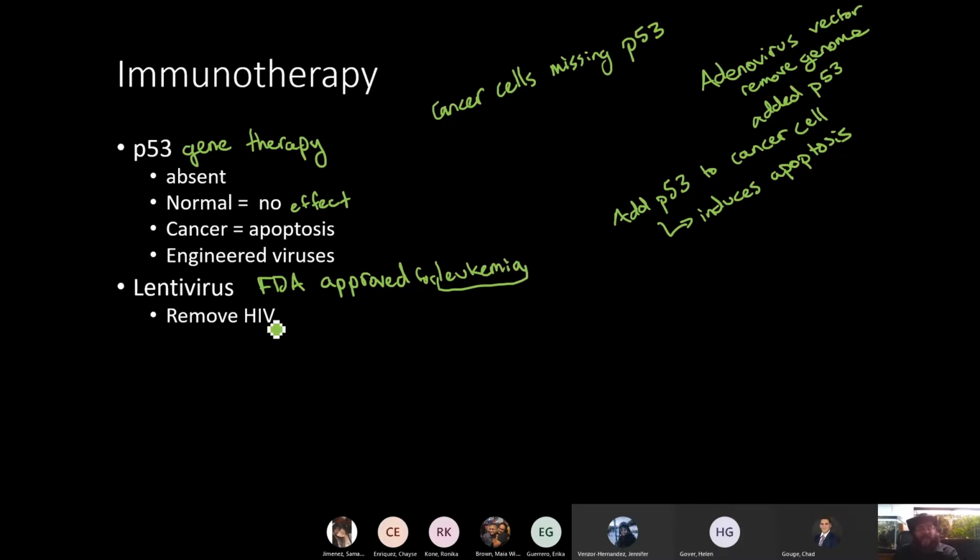Lentivirus is literally HIV. So what they do is they take HIV and they remove the pathogenic genes, and then they insert new genes.